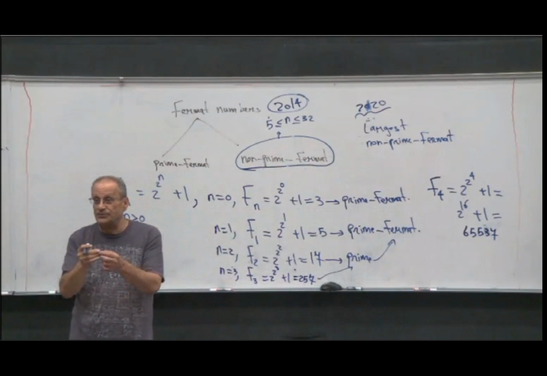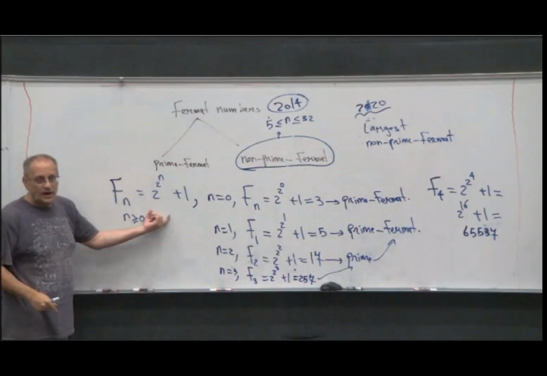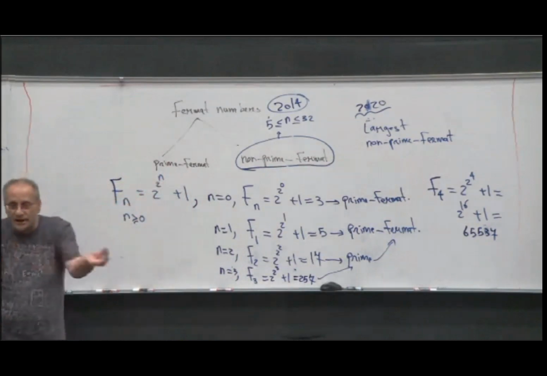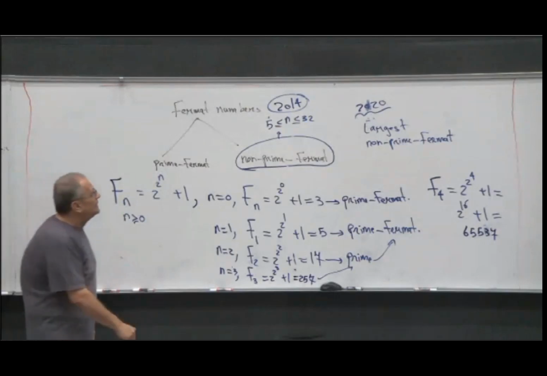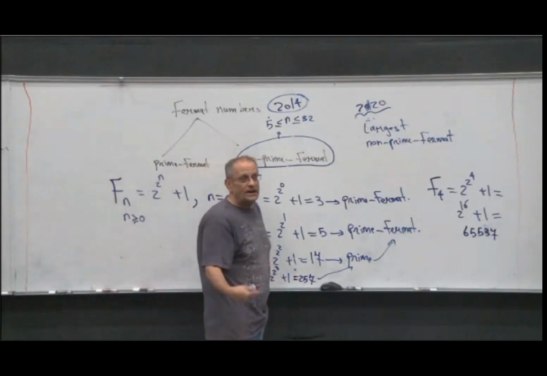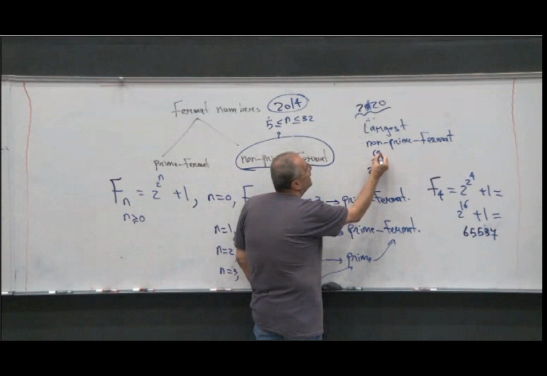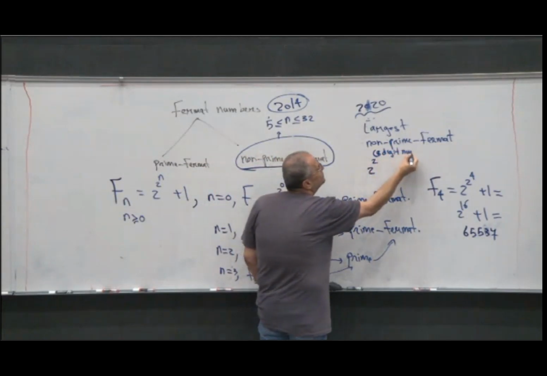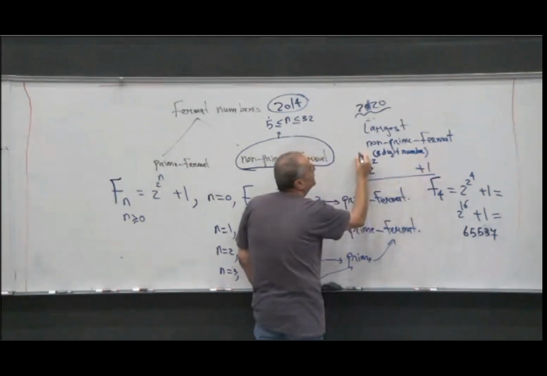Meaning the number we're gonna get has to be a Fermat number, but non-prime, meaning I can break it into a product of prime numbers. This number is so huge, I cannot even write it. It's 2 to the power of an 8-digit number here, plus 1.